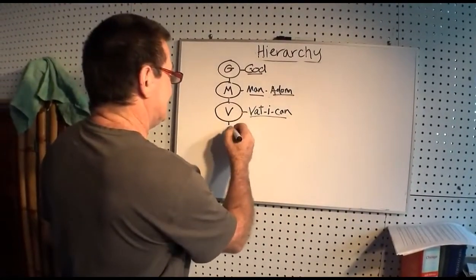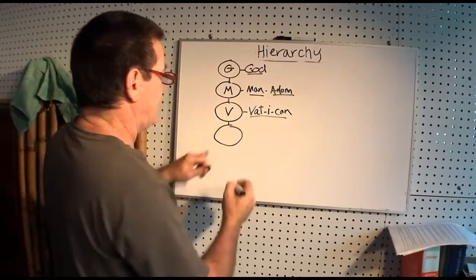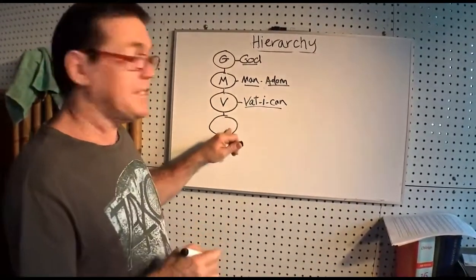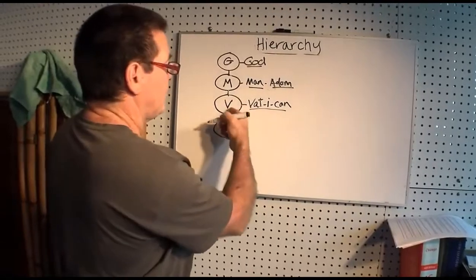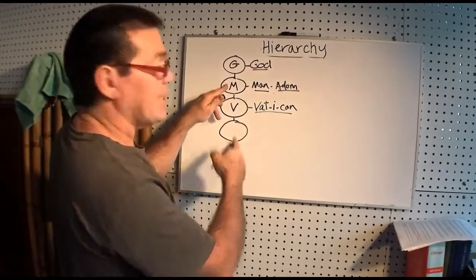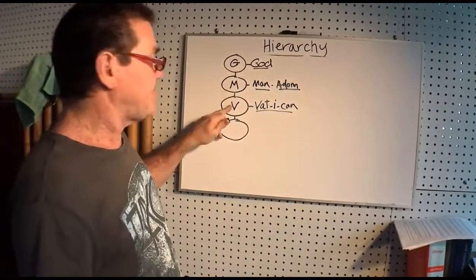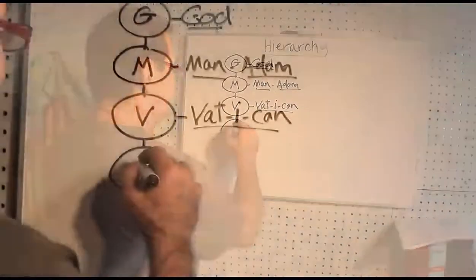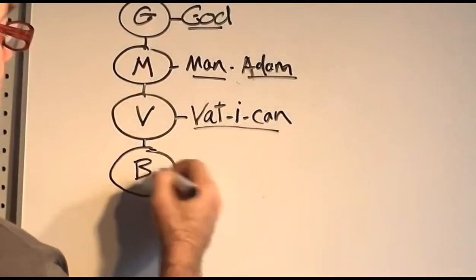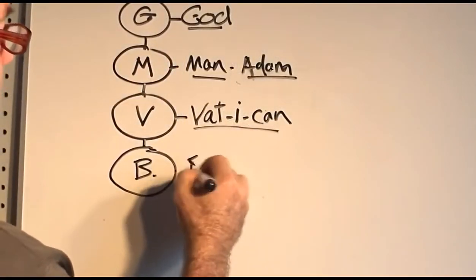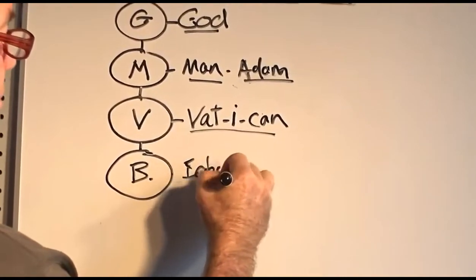Now the next hierarchy down is the debtor. So the Vatican creates a debtor for the Vatican. Man created the debtor to pay the debts of man. It's the Vatican. The Vatican creates a debtor. Babylon.